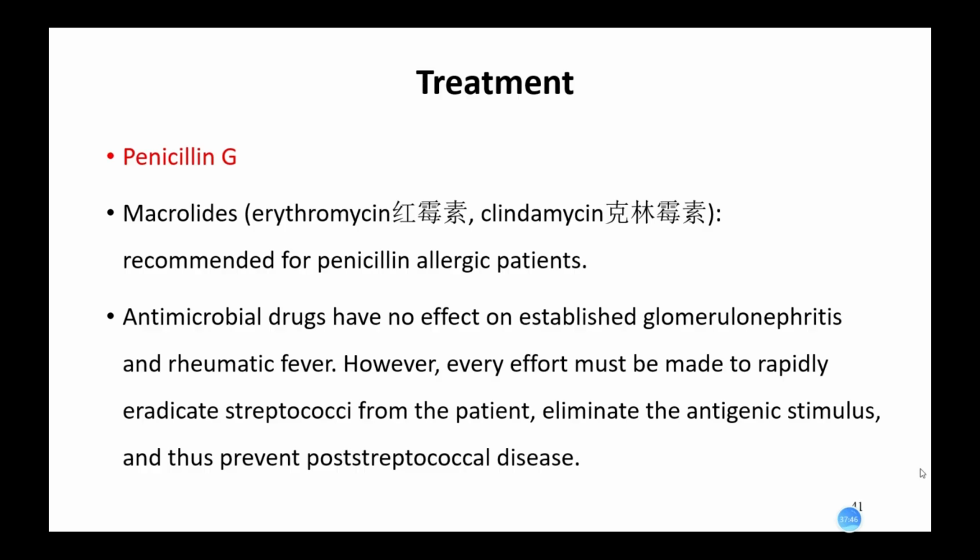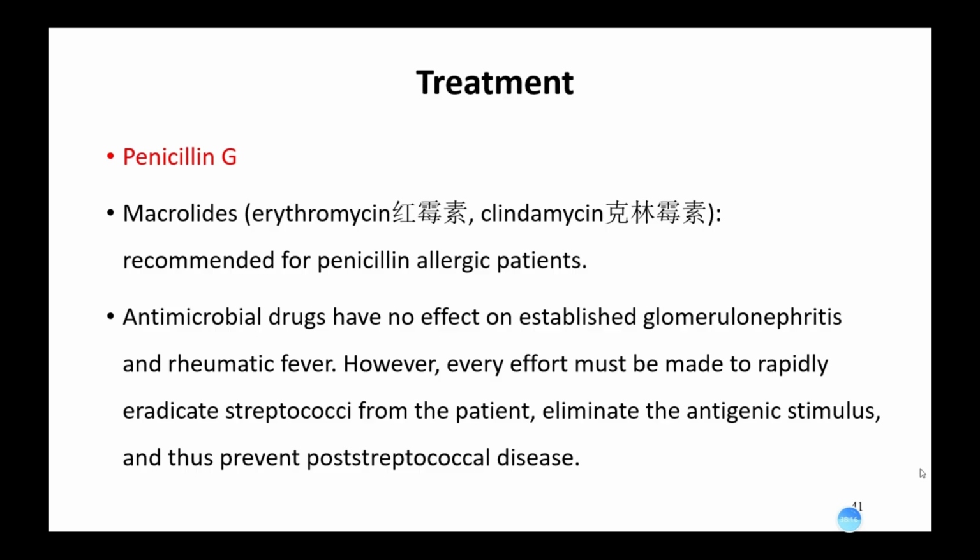Okay, to treat this infection, we usually use penicillin G as the first choice. This gram-positive bacteria, penicillin G can kill them. And if the patient is allergic to this antibiotic, you can try other antibiotics such as the macrolides. But we should keep in mind that antibiotics can only kill the bacterial cells themselves, right?